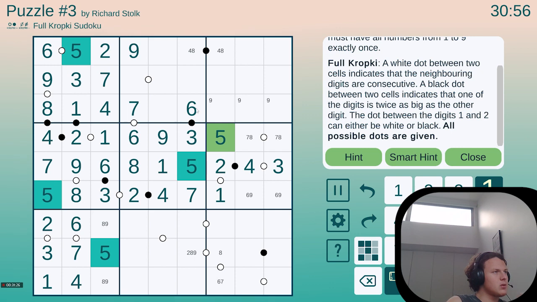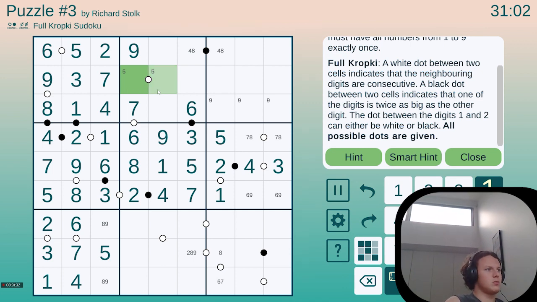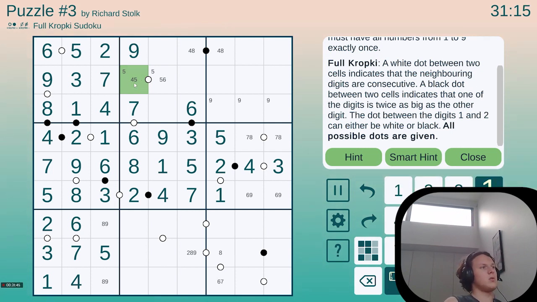Maybe look at where 5s go. 5 can't go there. It can't go there because it's consecutive. So this has to have a 5 in it, which means it's either a 5, 6 or a 5, 4. But that one can't be a 4 because of this, and this one can't be a 6. So it's either 4, 5 or 5, 6.